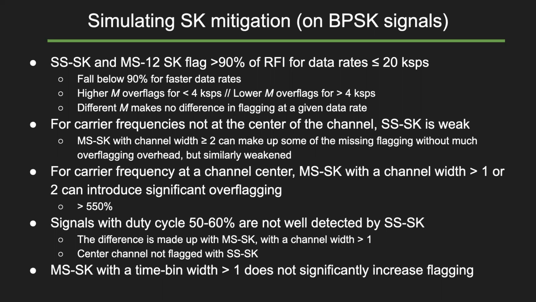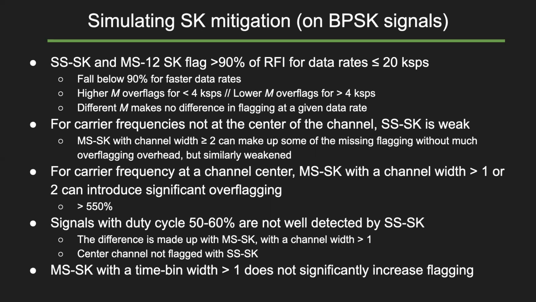I should also say, when I flag with multiscale, I have these rolling bins going through my 2D array, right? And when one of those larger multiscale bins detects RFI, I flag every pixel in that bin.